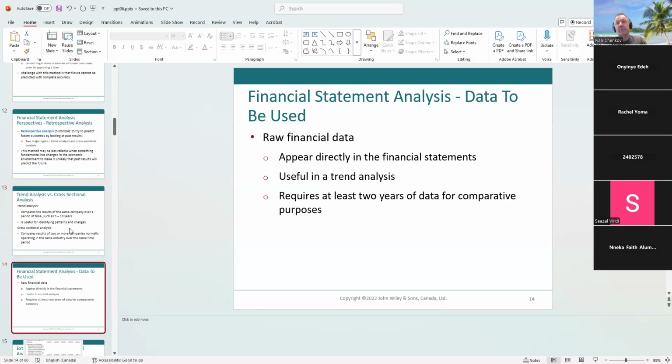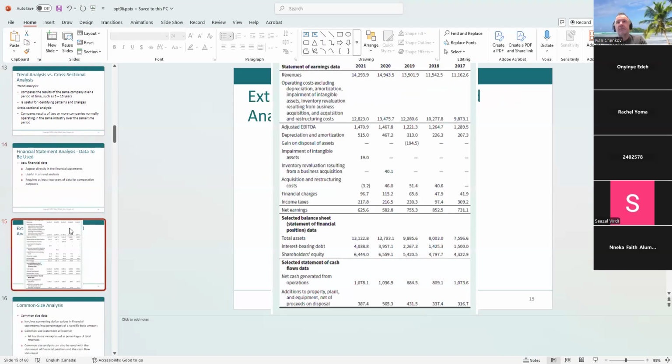So if you want to compare a company with itself, you need to have at least 2 years of data. We saw in our case, you have 5 years, not 2, 5 years. And you see that the revenue goes up.